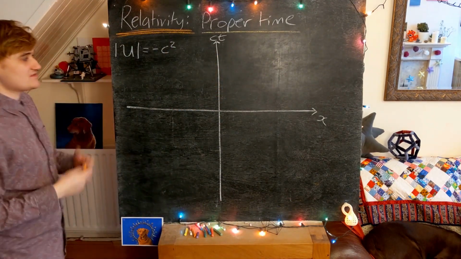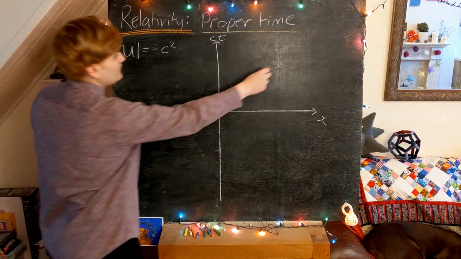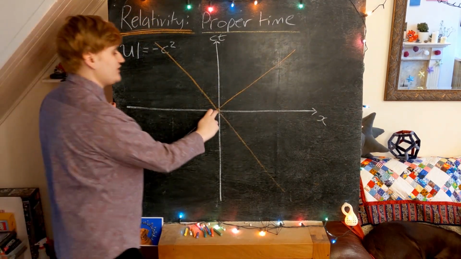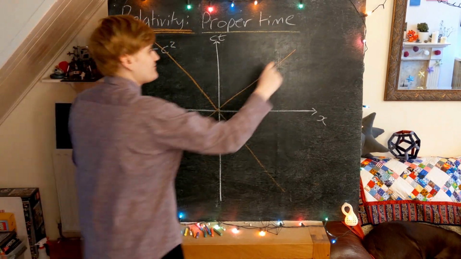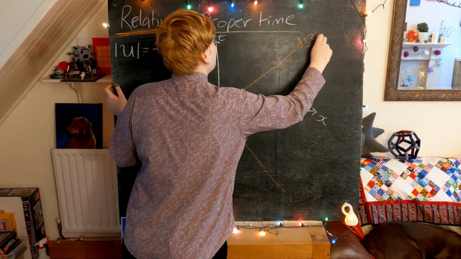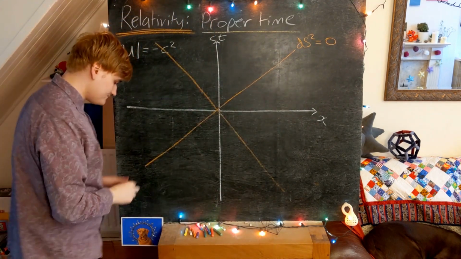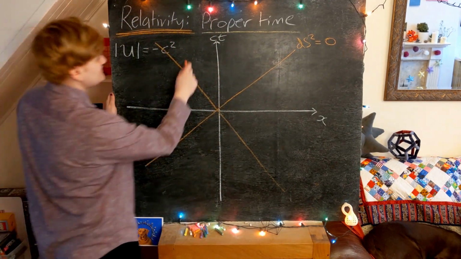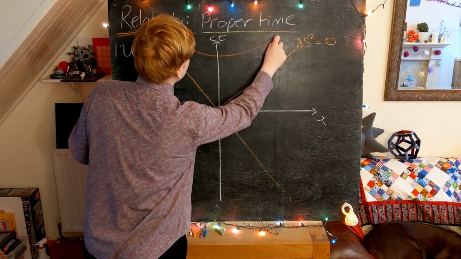And now just for reference, I'll remind you we have our light cone, which we define as being all of the points in Minkowski space which have 0 separation from the origin. And then we have our timelike and spacelike hyperbolae.